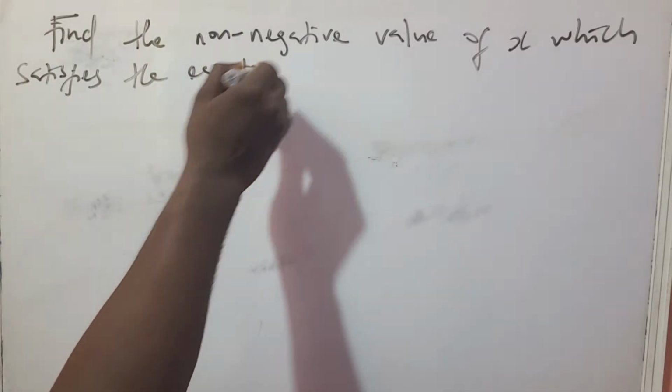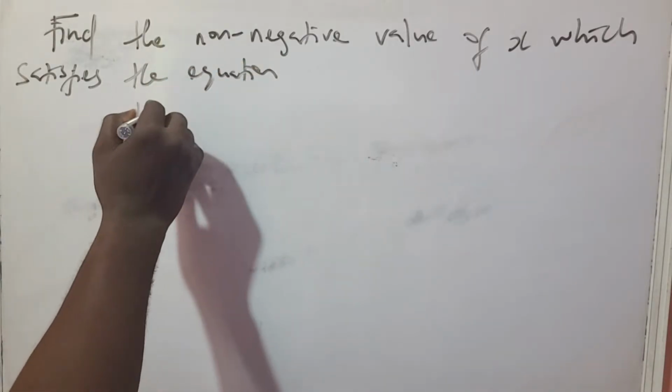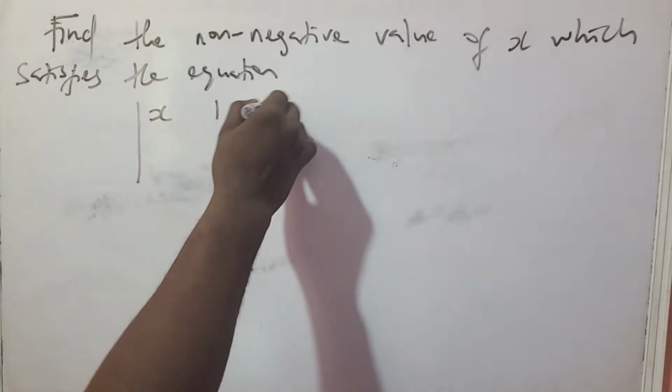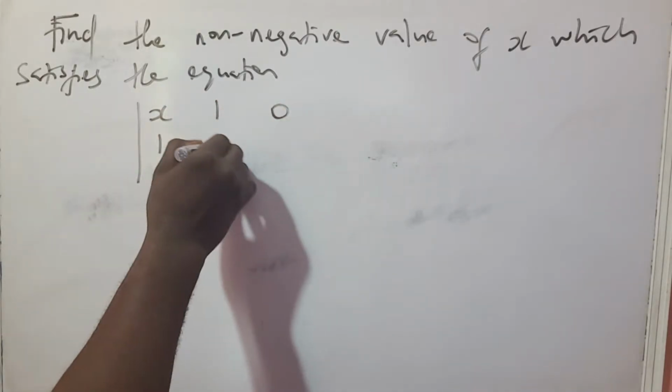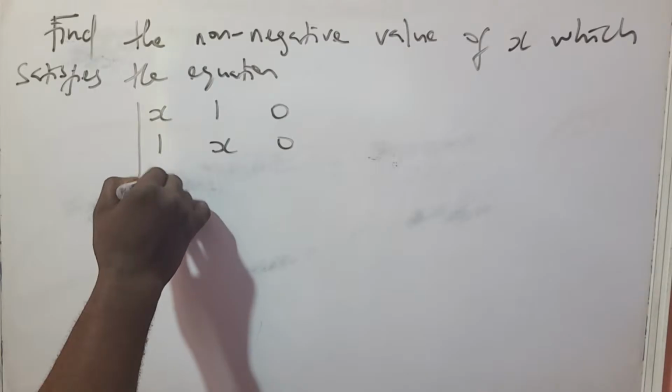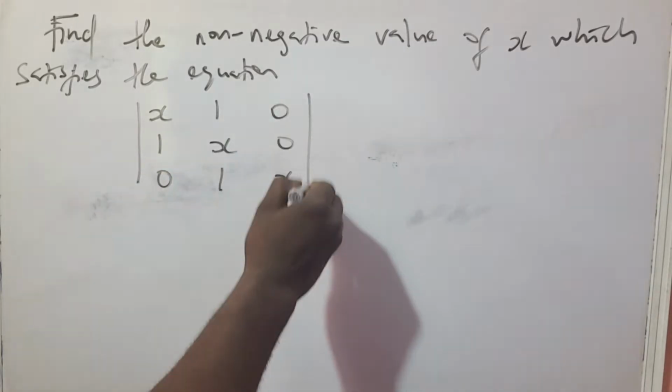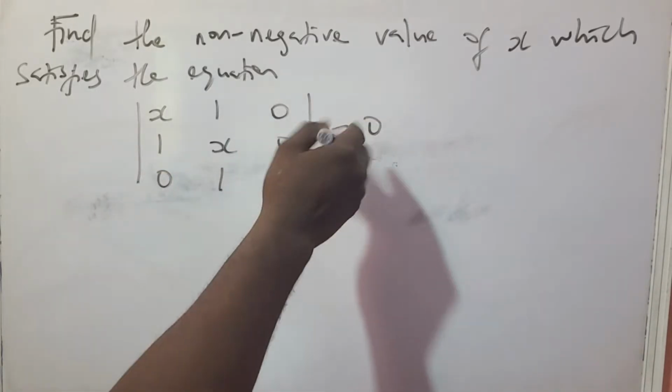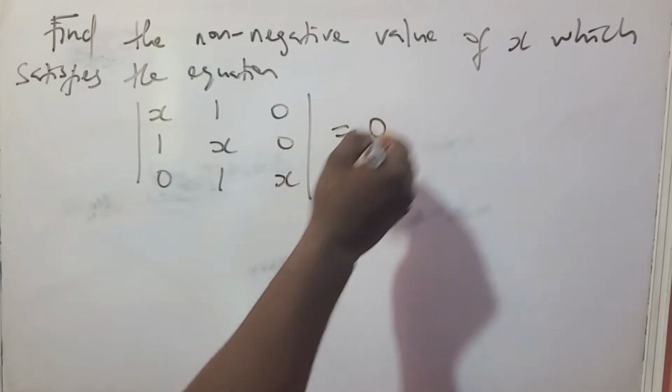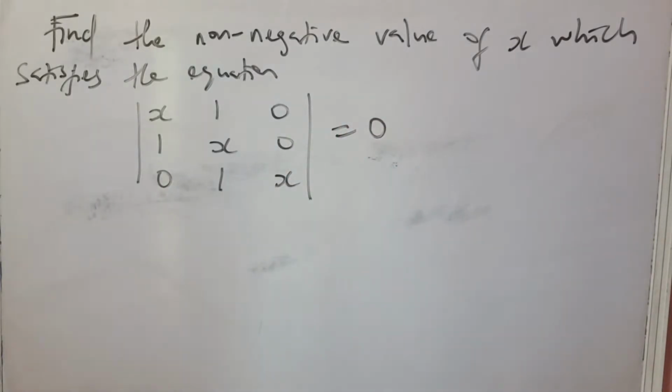Now let's talk about the equation. This is the equation right here. Of course, it's not an equation if you don't have an equals to sign there. So this is the equation. All right, you have just 5 minutes to solve or less than that. Let's get right into it.